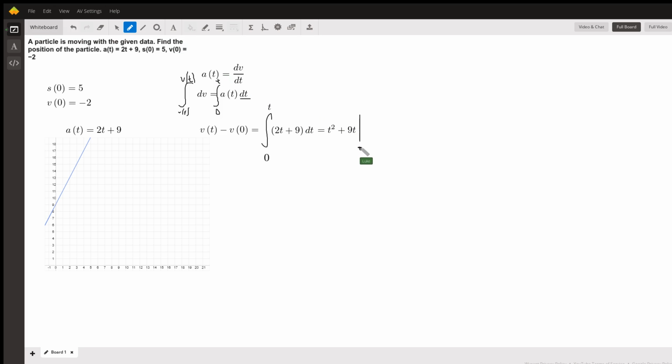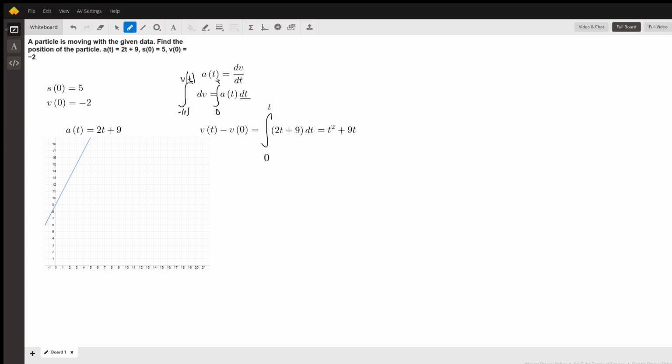Evaluate it from 0 to t, which really, in the simplest sense, is you plug in your top bound, t, which just gives back out these. Then you plug in your bottom bound, 0, which also pops out 0 on them, because 0 squared is 0, and 9 times 0 is also 0. So really, all you're left with is just the standalone t squared plus 9t equals v of t minus v naught.